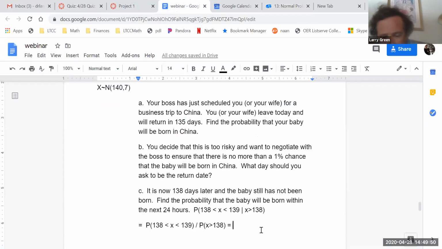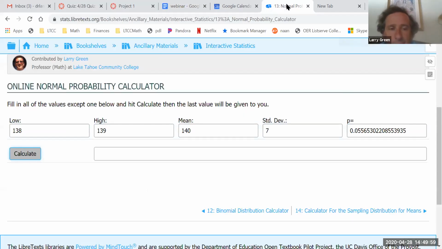So let's just type that in. Then we're supposed to divide that by the probability we're greater than 138. So we don't know the probability yet. What changes if we're greater than 138? Which of these boxes change and what does it change to?